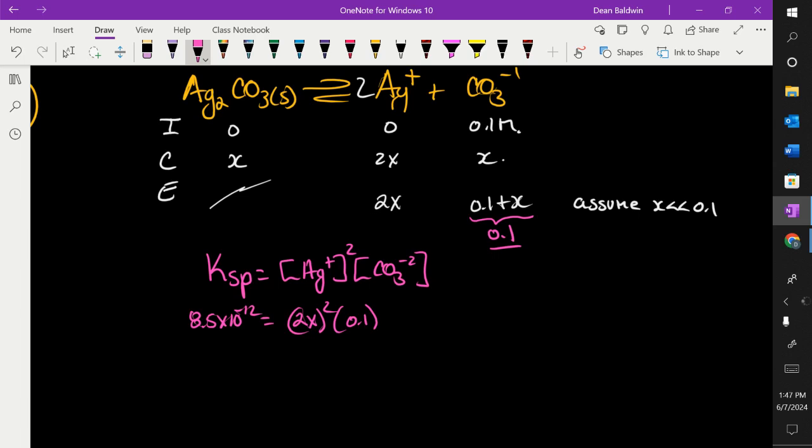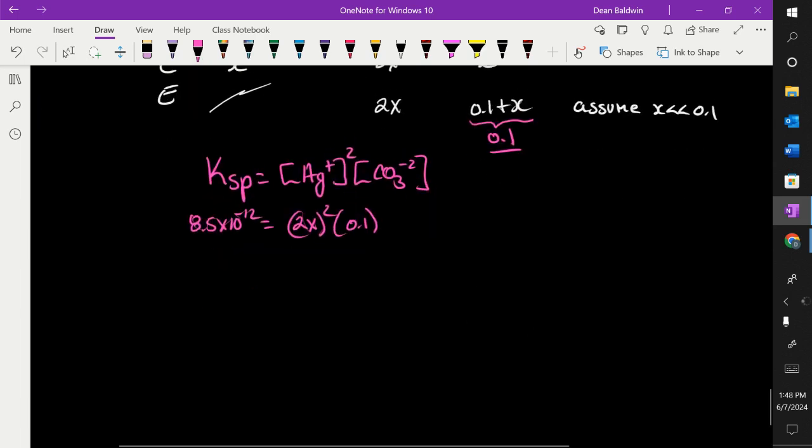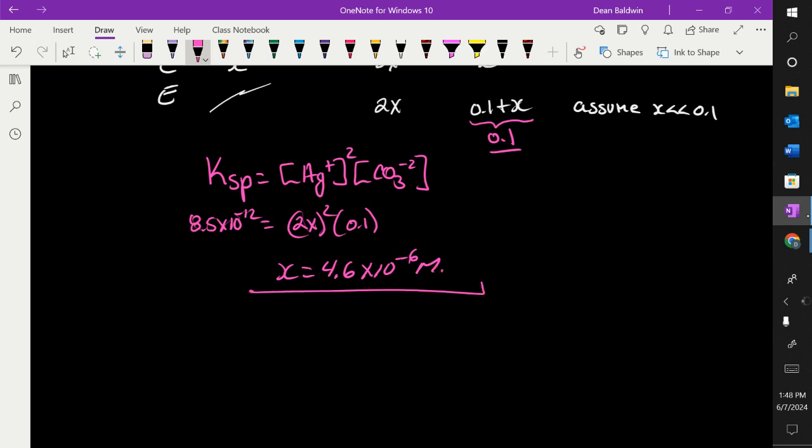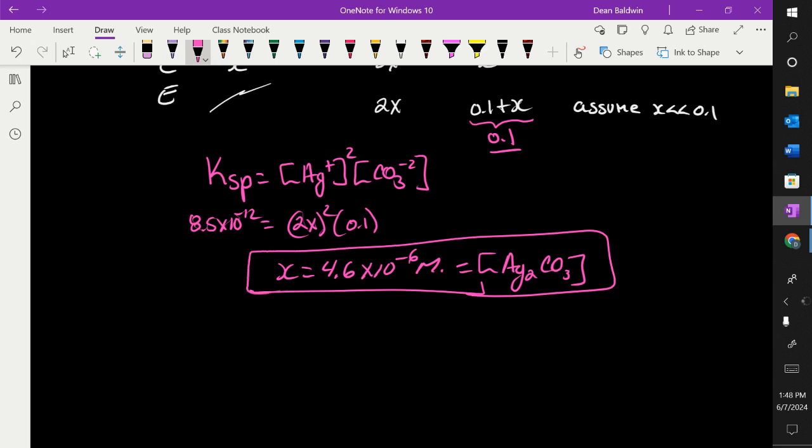Then you're going to math it, and you're going to get x equal to 4.6 times 10 to the minus 6 molar.